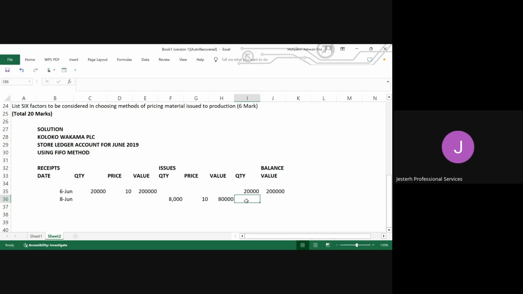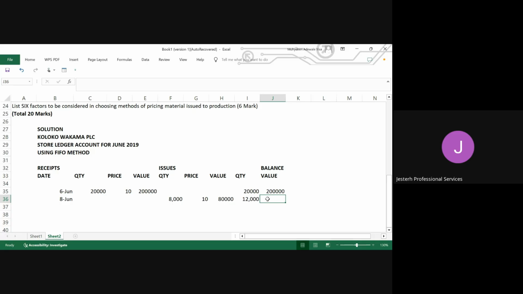Remember that at the end of the 6th, they close with 20,000. Now, after they issue out 8,000, what is going to remain? It's going to remain what they have in the balance, minus what they issue out. It's going to remain 12,000 units of these products. Now, how are we going to get the value? Remember, we are still maintaining this 10 naira because that is the value at which they purchased it in the first place.